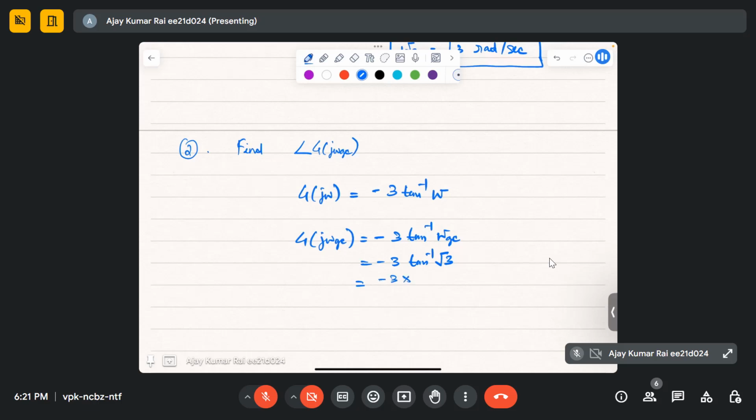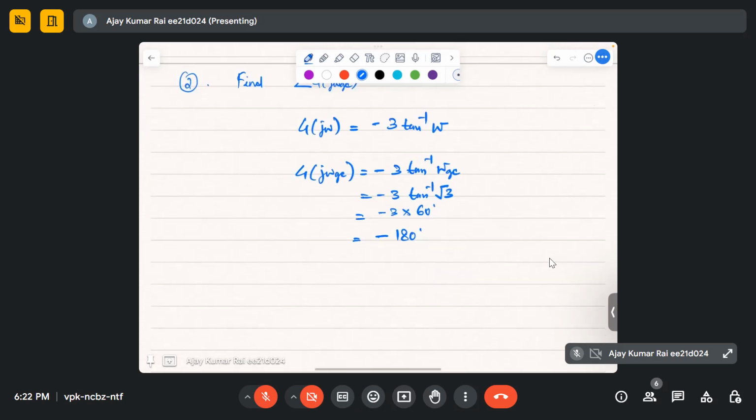Can you tell me? It's a very generic value, you should remember: 60 degree, right? So it's coming out to be minus 180 degree.